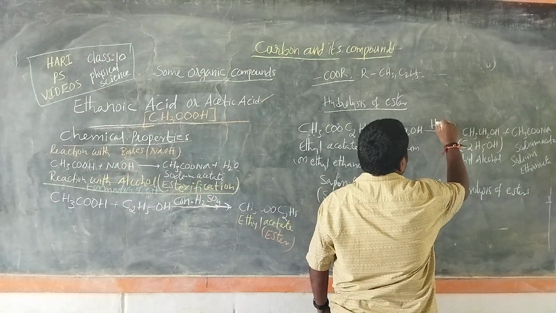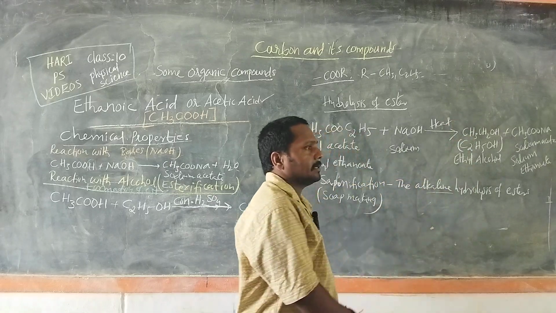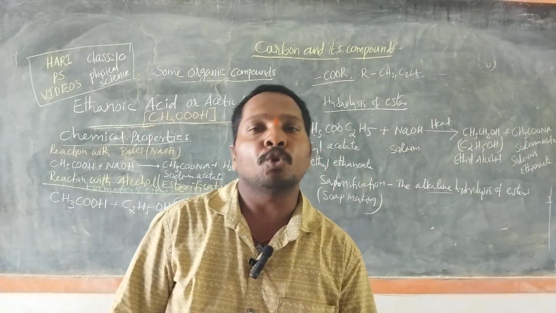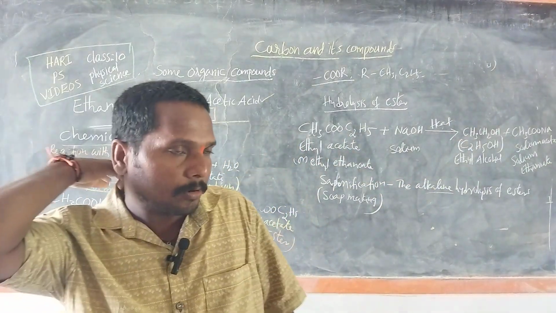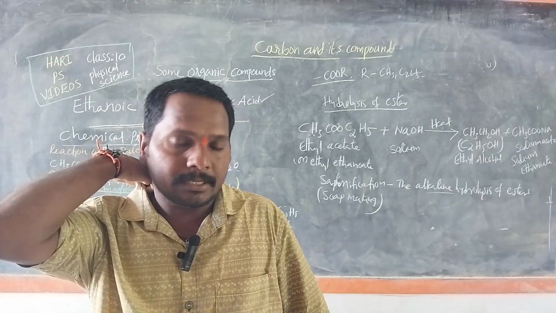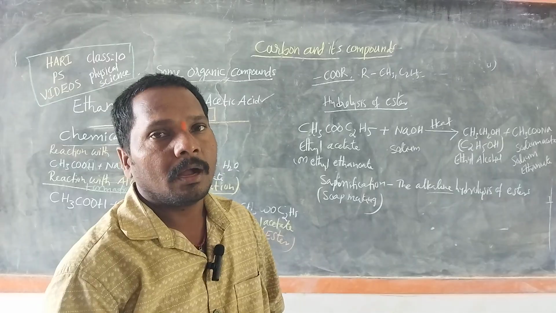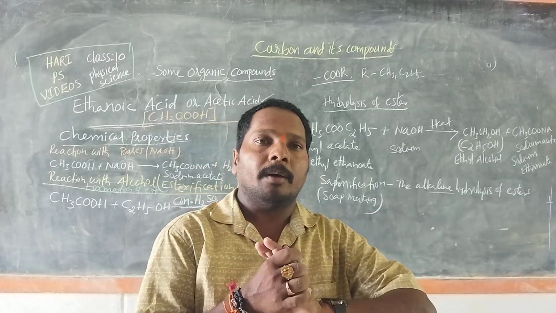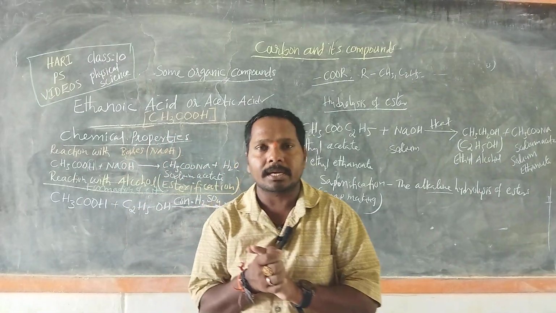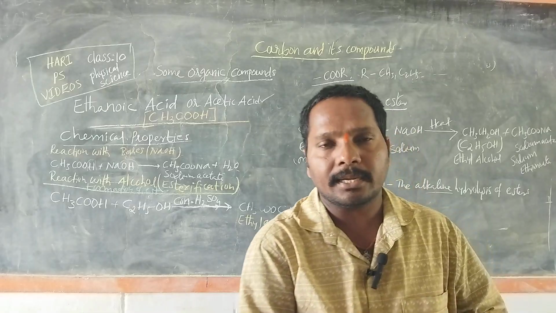So the sodium salts of higher fatty acids are called soaps. So we will discuss soaps and detergents. So these are about chemical properties of ethanoic acid or acetic acid.